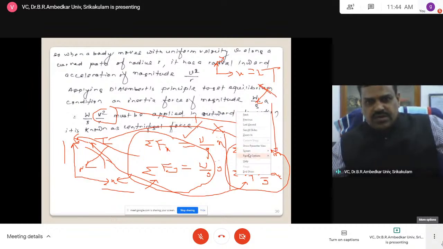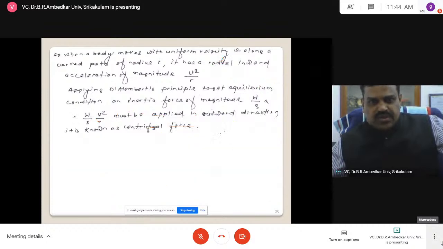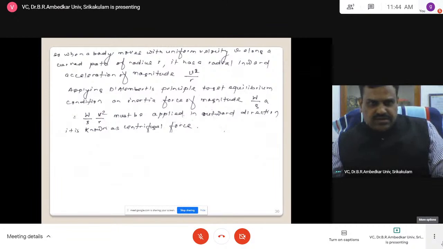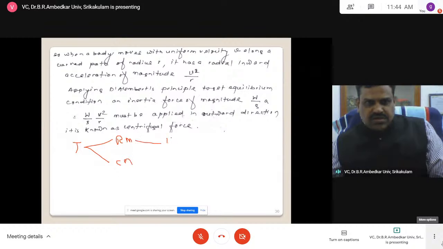See, this is how generally we consider a body in curvilinear motion. The translation is a rectilinear motion and a curvilinear motion. The rectilinear motion has 1 degree of freedom.